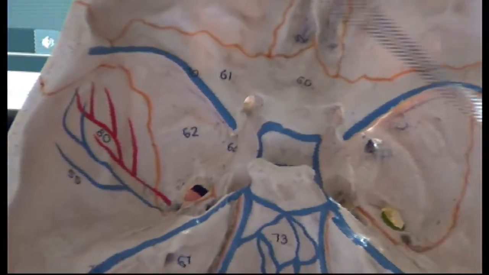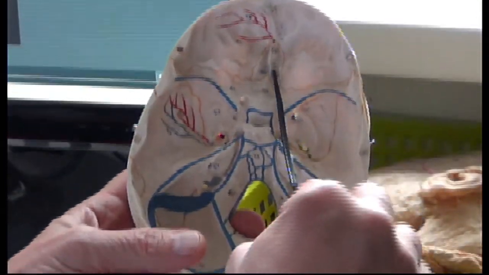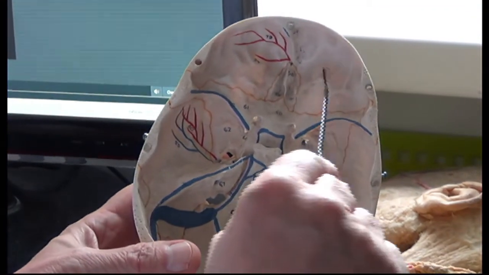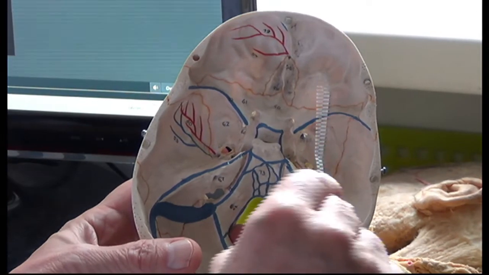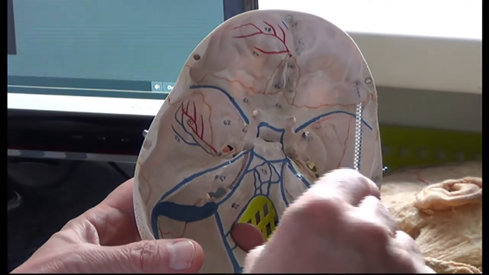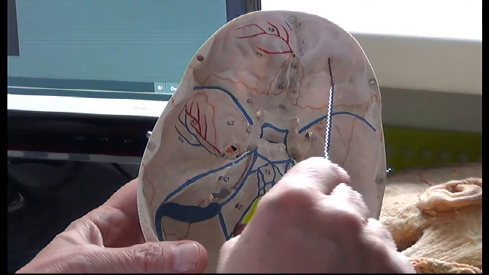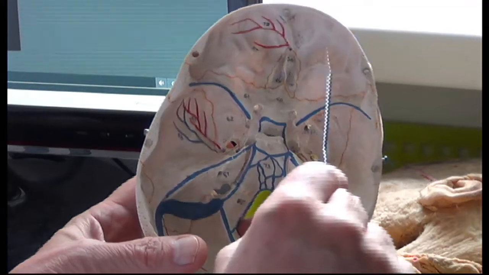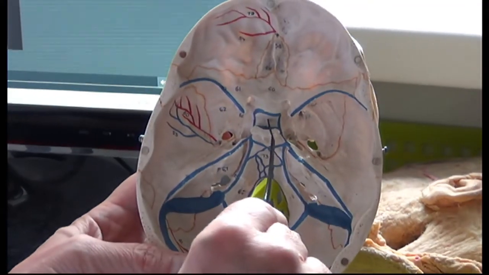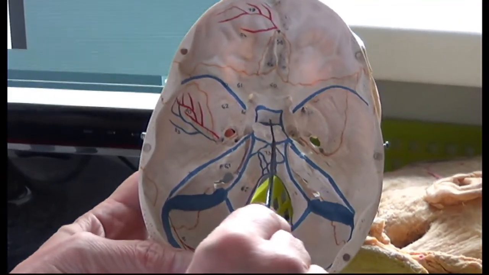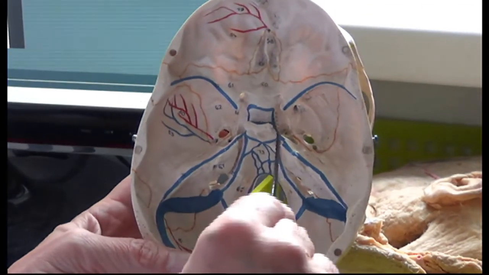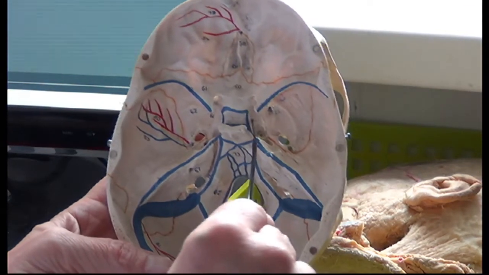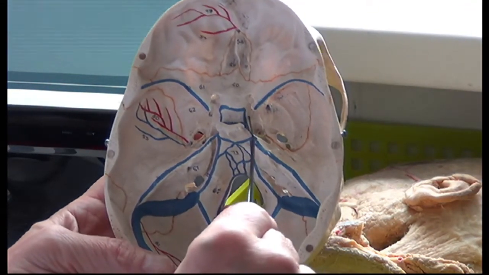So we watch this area, this part of the superior wall of the orbit was removed. That's why we can see the eyeball, and this is the Turkish saddle, and these blue vessels are the same as in the picture.